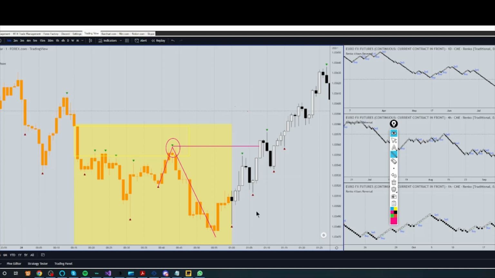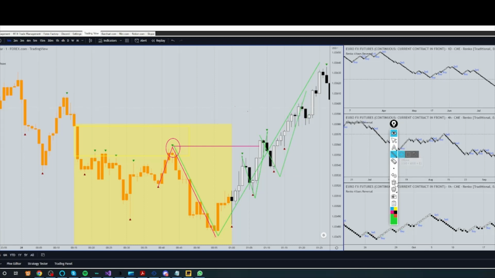So that is the market maker buy model. Each one of these, this is a buy, and that's a buy.